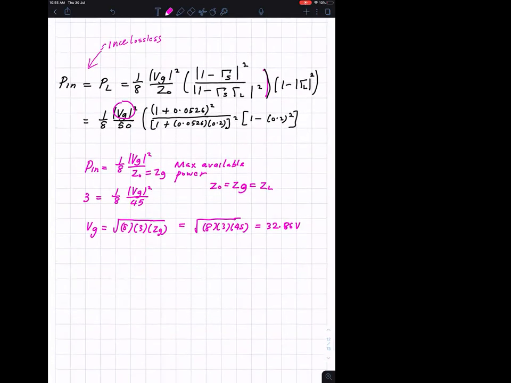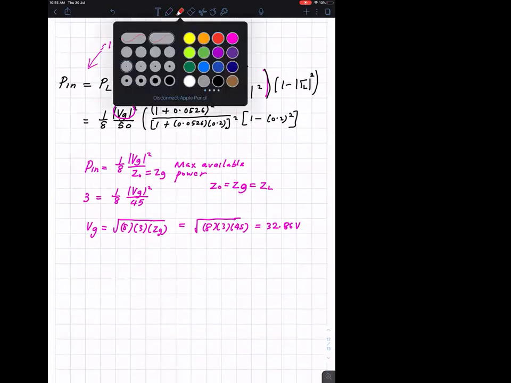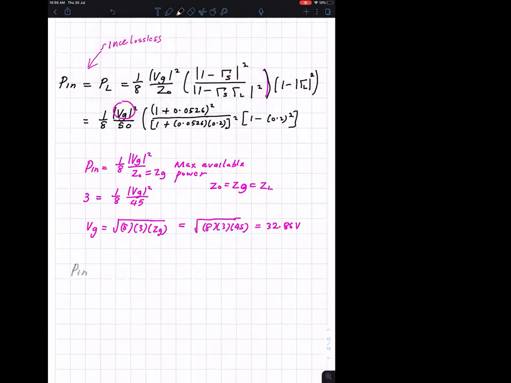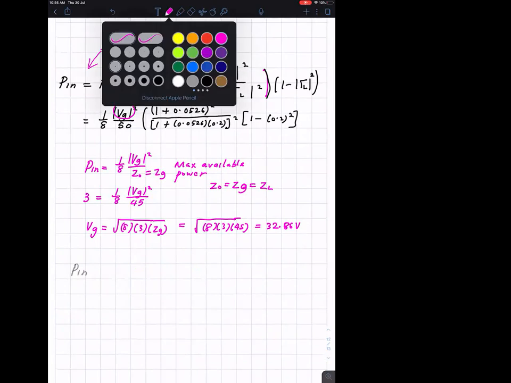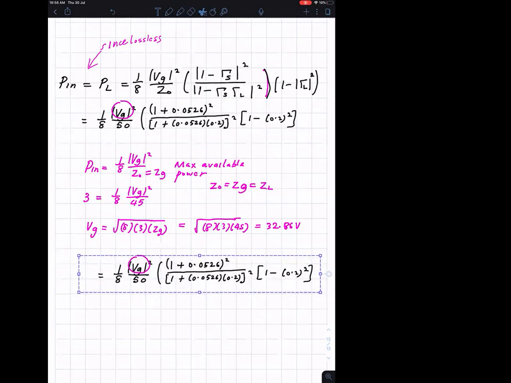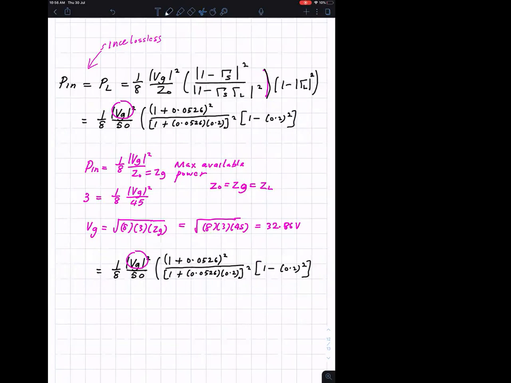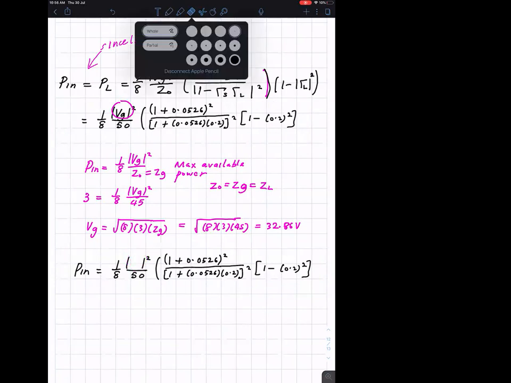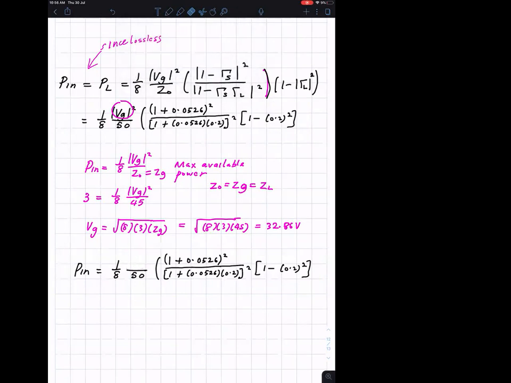So once you know this, you take this and plug it into that. VG is 32.86 squared.